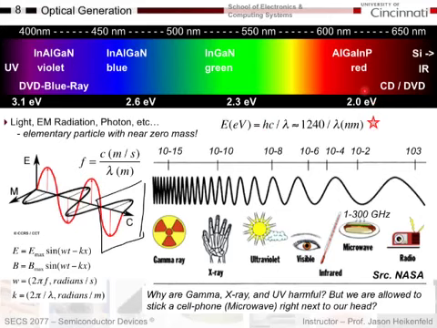So why does that make things like ultraviolet, gamma, and X-rays harmful? Well, when you go to ultraviolet light, the energies out here will start to get in the range of 4 to 5 electron volts. And it just so happens that if you look inside your body at your DNA, the bonding strength for the molecules of your DNA is typically in the range of 3 to 5, or 3 to 6 or so electron volts.